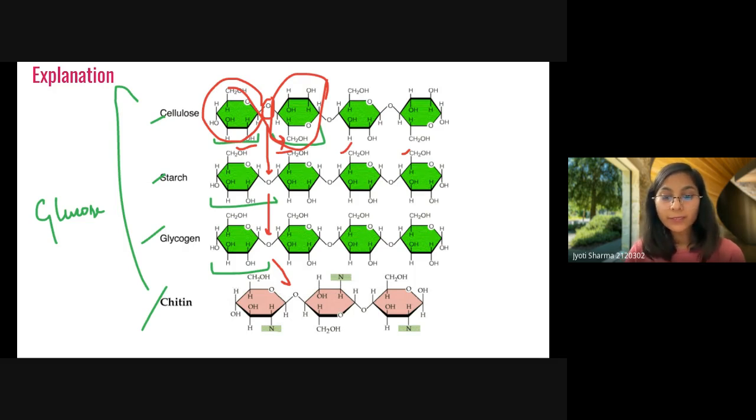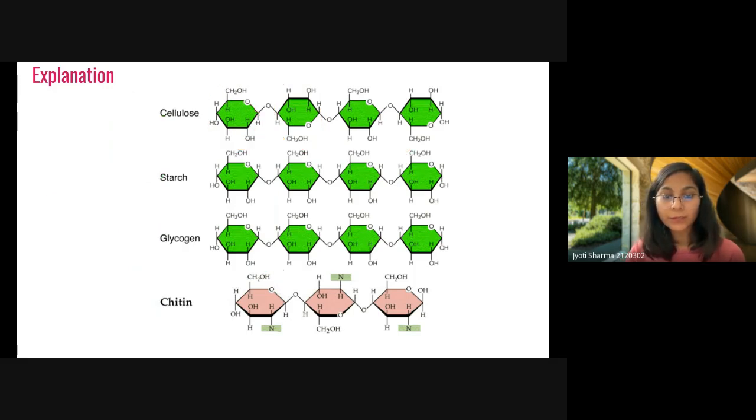So what we can see, let me clear it. Here just see the difference. CH2OH is here and CH2OH is here, and then they have this structure. Here water will be eliminated and this will give you the oxygen, right? And this is how this will be made up. So this is the cellulose structure.